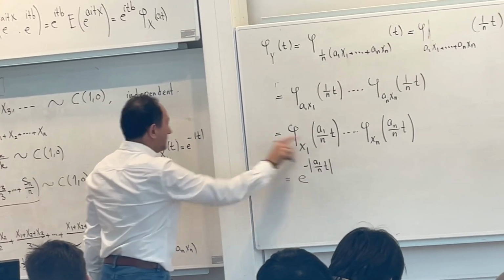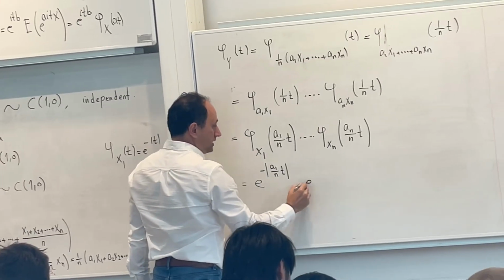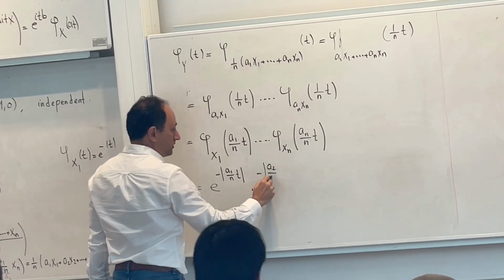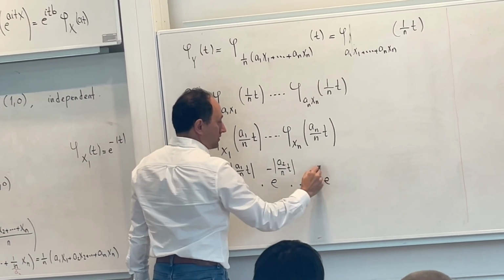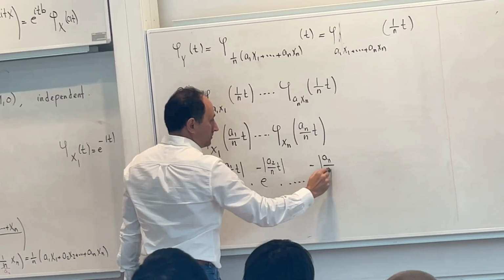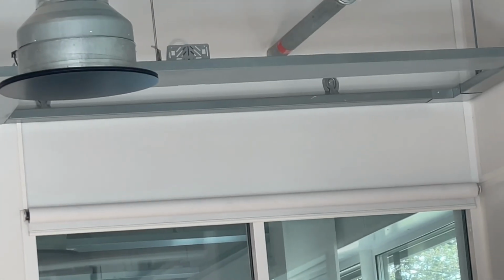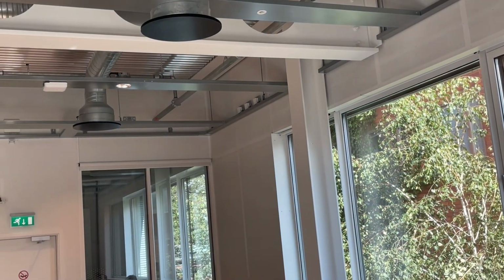I want to calculate this, so I have to replace this t with that combination. And the next one is e. Okay, the next one I haven't written here, but you know what it is. It is a2 over n t, and this will continue until I reach the end. Yes? But now, this is just a very simple calculation because this becomes e, and this will be added together. But all of them are positive constants, so if you don't mind, let me pull them out.